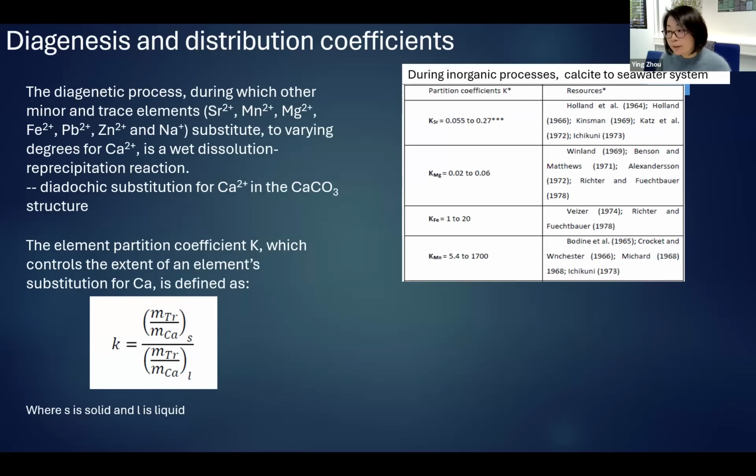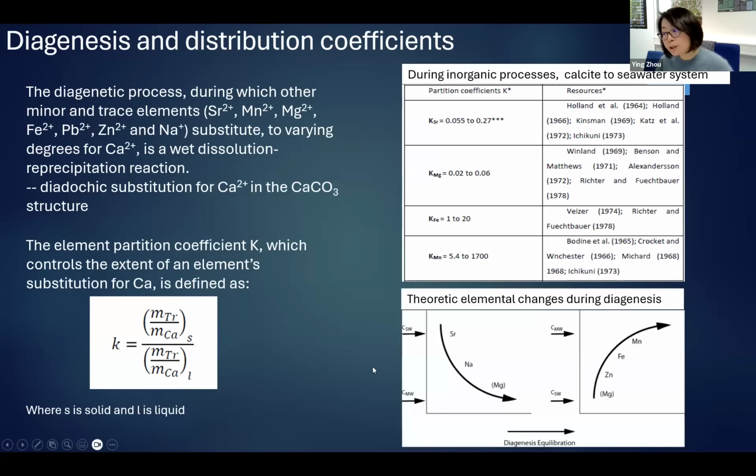And if K is smaller than 1, it means that during diagenesis, the dissolution and reprecipitation reaction, the element is easily lost from the solid into the fluid, which will show in this diagram of diagenetic elemental changes, in simplified form, of course. This is carbonate in equilibrium with seawater, and this is with meteoric water.